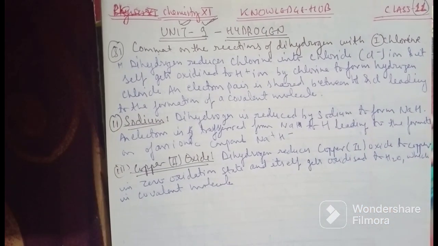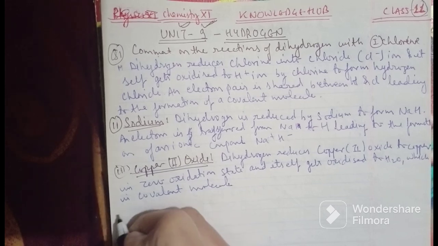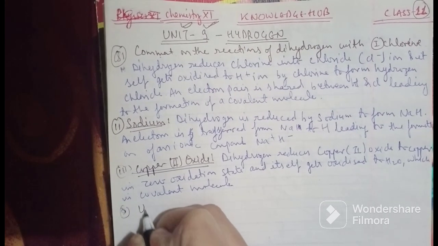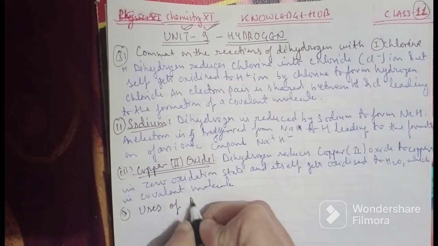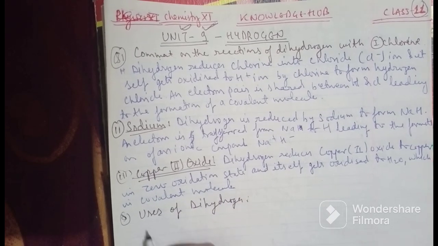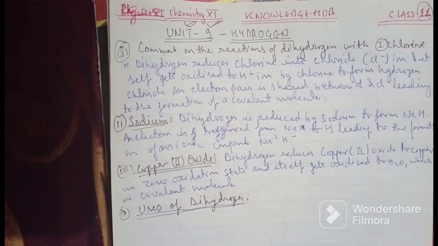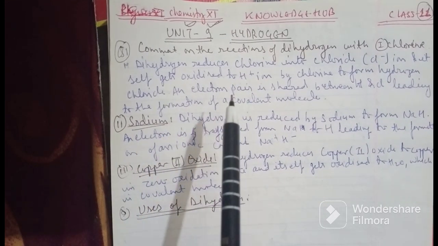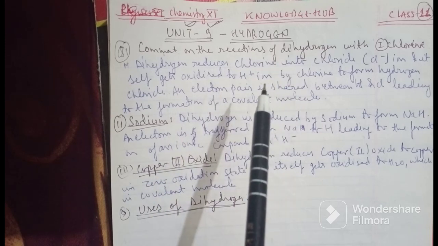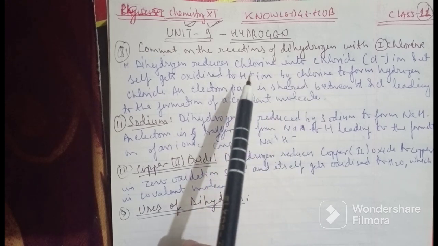Now we talk about another important topic, the uses of dihydrogen. The largest single use of dihydrogen is in the synthesis of ammonia, which is used in the manufacture of nitric acid and nitrogenous fertilizers.